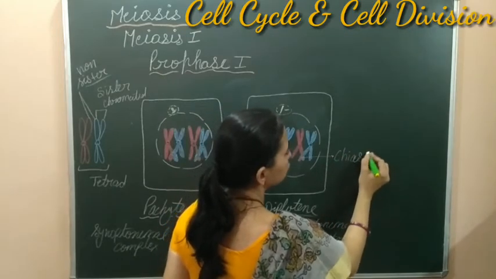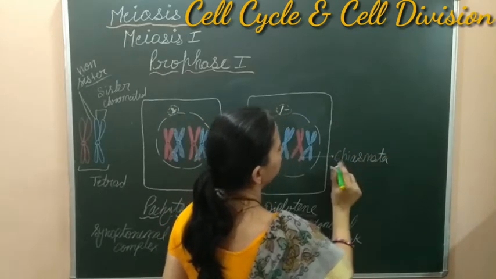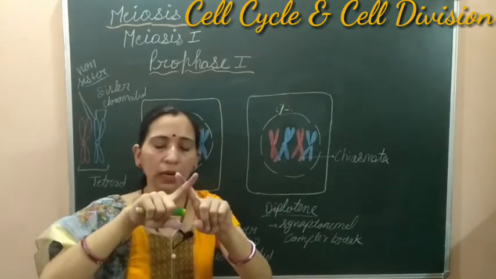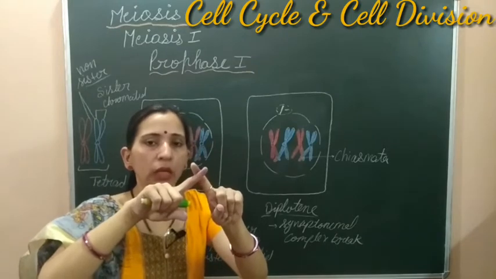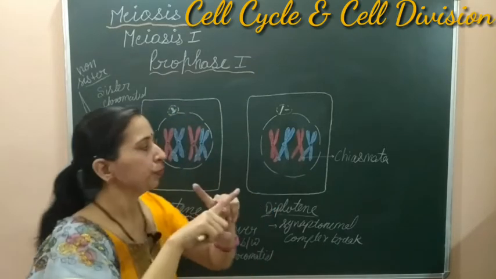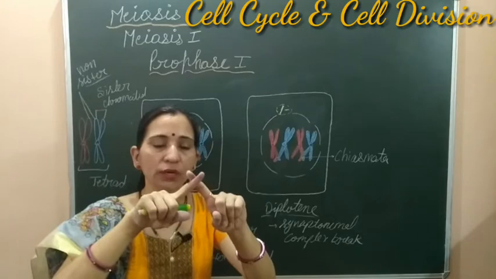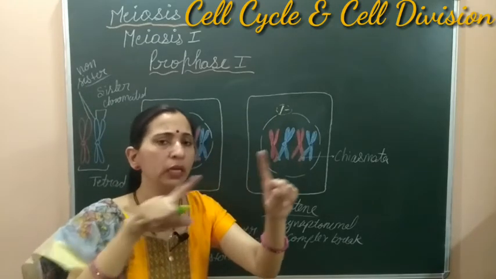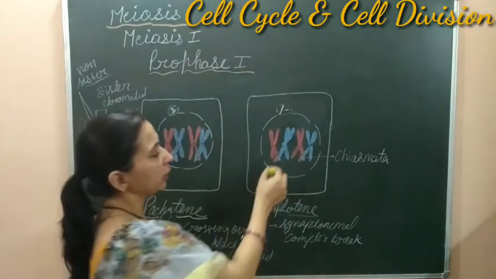So we can say that chiasmata formation takes place. So chiasmata formed here. This is the X-shaped structure which is forming here and after that slowly they will undergo terminalization. Slowly this X-shaped structure moves towards the tip. Chromosomes will start moving slowly and finally they will get separated.